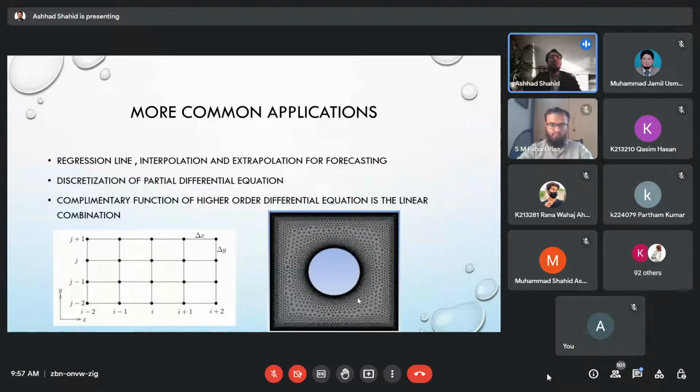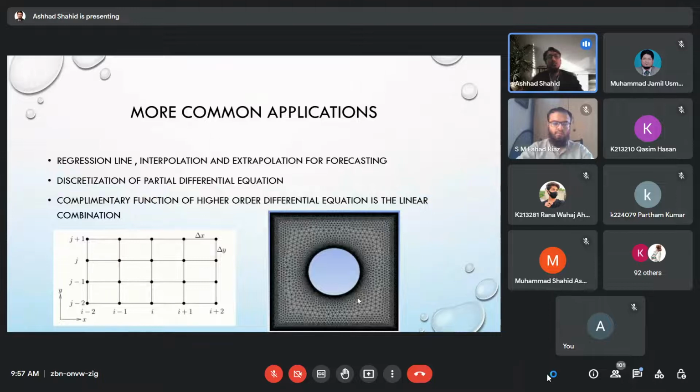Similarly, the complementary function of a higher order differential equation. If the students have already studied the differential equation course and know about the complementary function, okay. If they don't know, in future they will study the differential equation course.